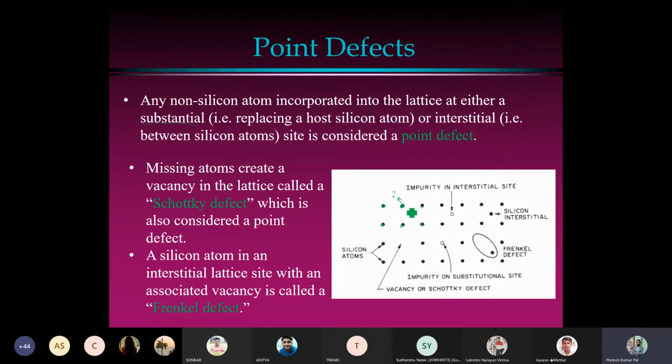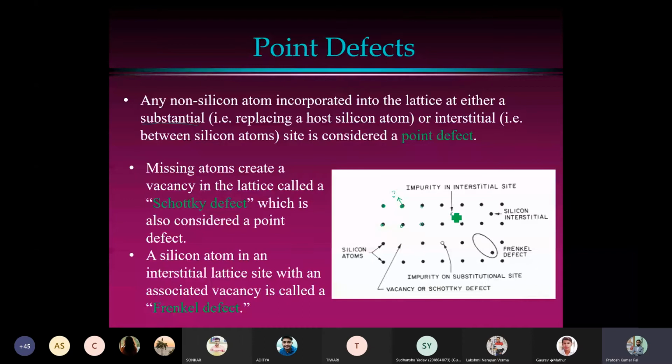Similarly, suppose all the silicon atoms are placed at their locations, but there is some extra atom or extra impurity outside the crystal location. Where the silicon atoms should be in the crystal, into this space, another impurity is present. So this is called an interstitial location or interstitial defect.